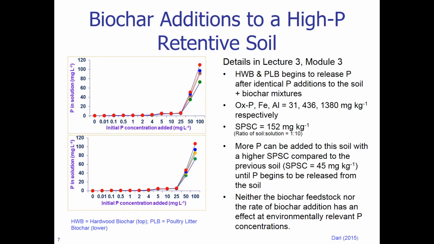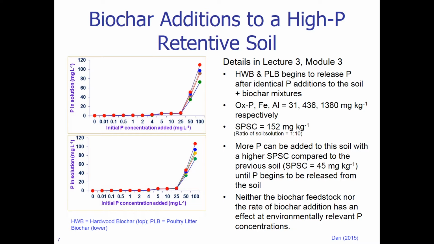The SPSC of this soil can be calculated as 152 milligrams P per kilogram, and therefore that should be very close between the 10 and 25 milligrams P per added that has been added to the soil, as you can see from the figures to the left.